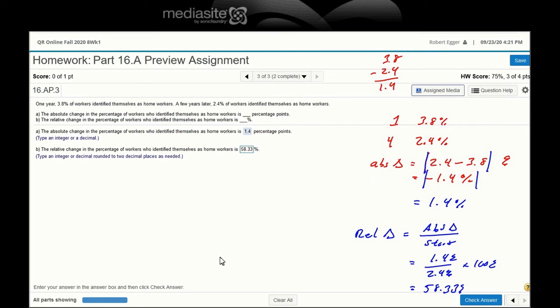Oh, see my error? So this is going bigger. We start at 3.8%. So 1.4 over 3.8% should have been the numbers we used.